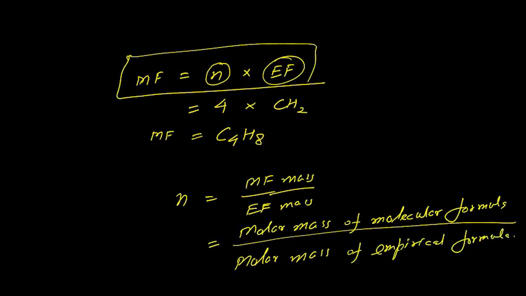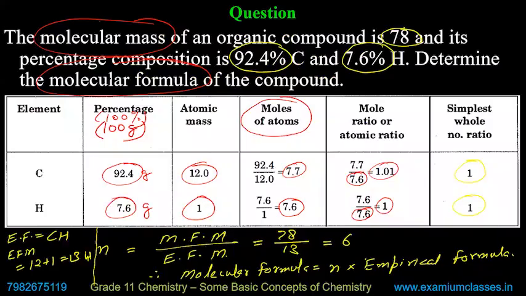That gives you the factor n by which you multiply the empirical formula to get the molecular formula. As here you get 6, you multiply CH by 6 and get C6H6. The organic compound is benzene.